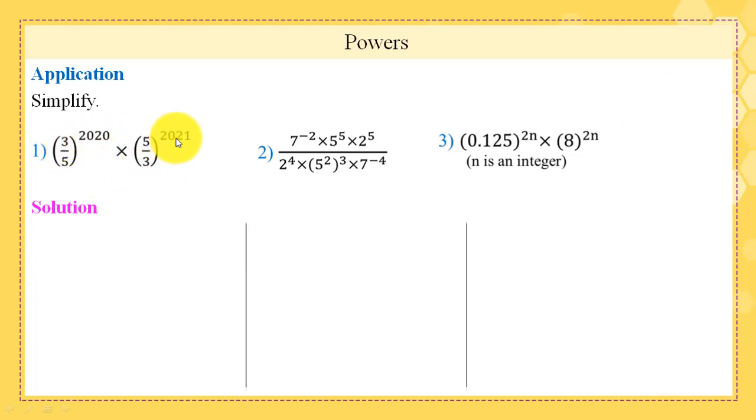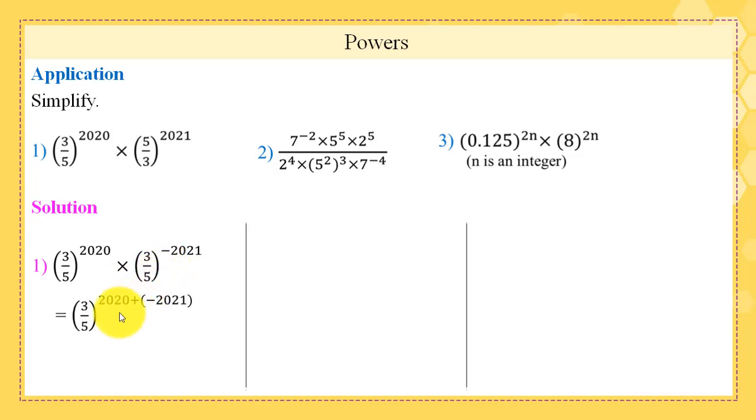In part 1 we have (3/5)^2020 times (5/3)^2021. (5/3)^2021 equals 1 over (5/3)^2021, which equals (3/5)^-2021. So (3/5)^2020 times (3/5)^-2021.